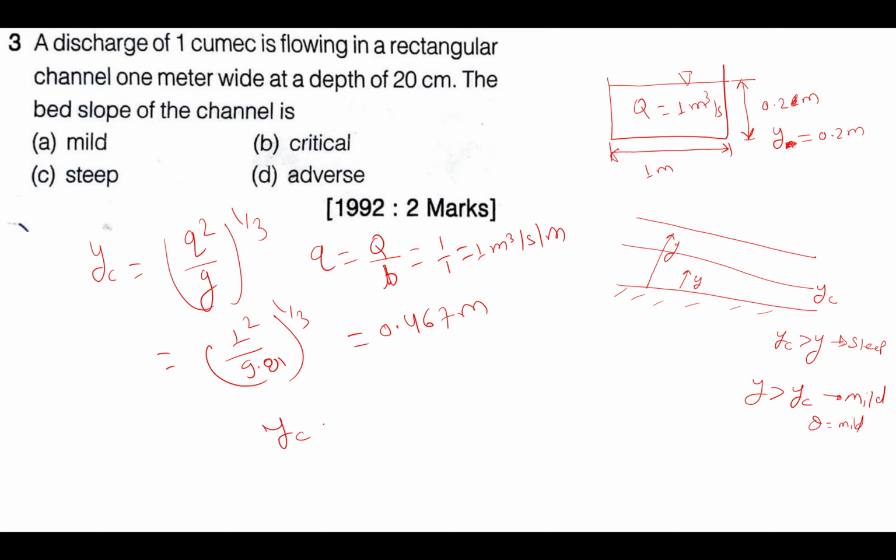So here yc, 0.467, is greater than y, 0.2. So your slope is steep. So option C is correct for this.